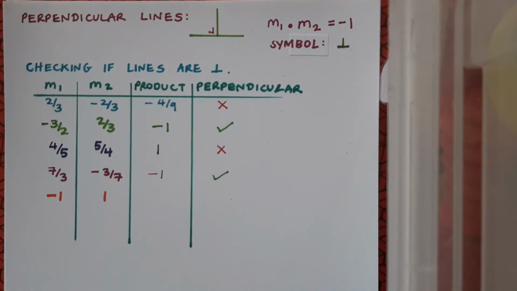This time I have two lines. The first has a slope of -1, the second has a slope of 1. So check and see, are they perpendicular? This one's pretty easy, isn't it? Because -1 times 1 is obviously going to give you -1.